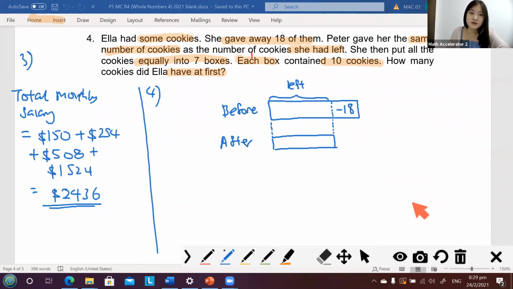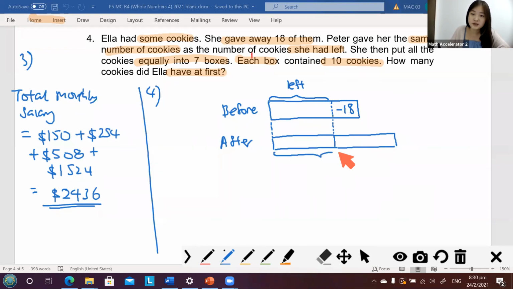And now Peter gave her the same number of cookies as the number of cookies she had left, which means this here, Peter gave the same amount. And now the cookies that she now has are put equally into 7 boxes, each box containing 10 cookies.